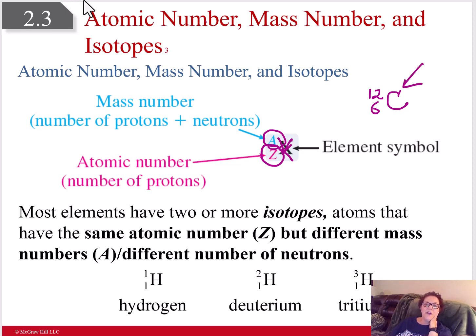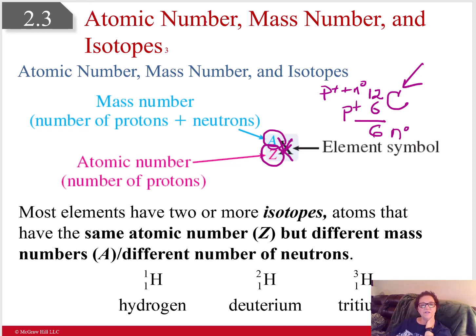To find the neutrons, I say 12 minus 6 is 6, because the mass number is protons plus neutrons, and the atomic number is protons, so the difference is how many neutrons there are.